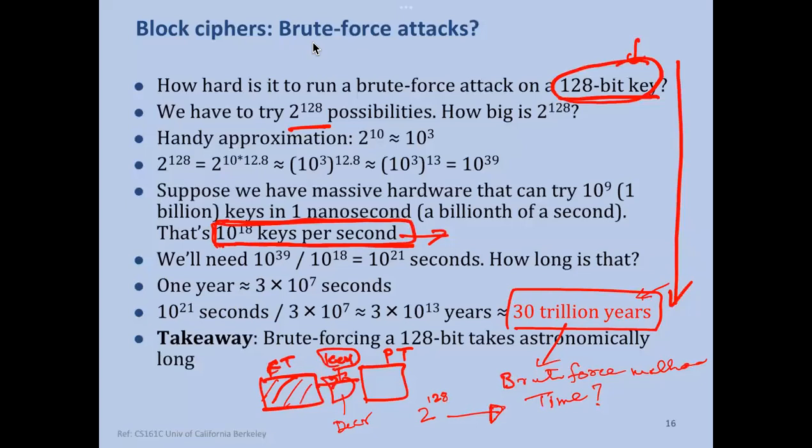Now, somebody can ask, why use a single computer? We can use hundreds or millions of computers.